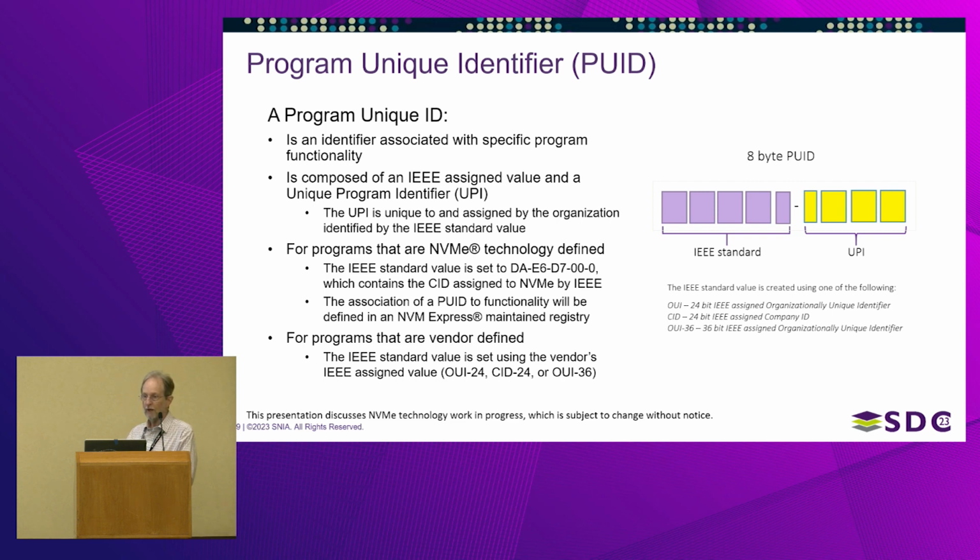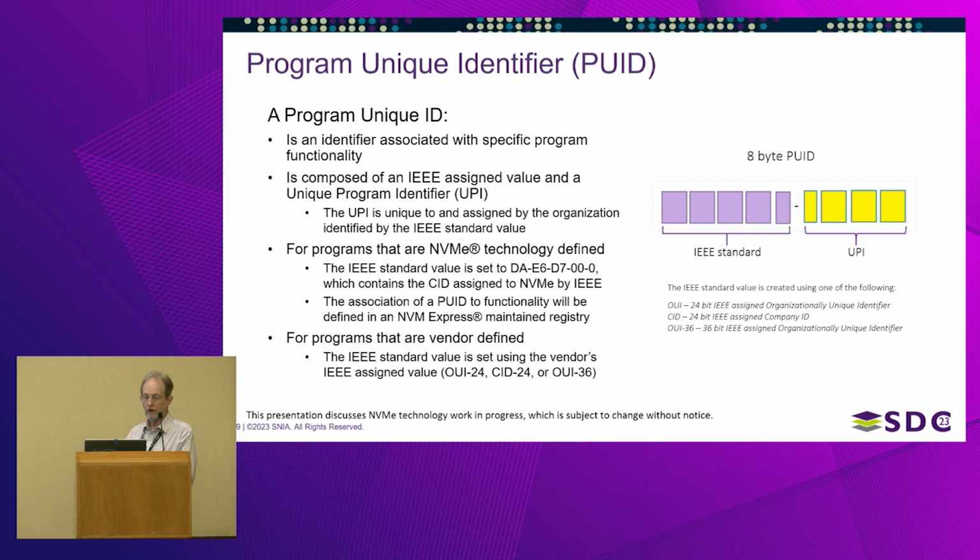If you have a specific encryption or compression or decompression, each of them would have their own program unique identifier. If it's two different encryption algorithms, it would have two different program unique identifiers.